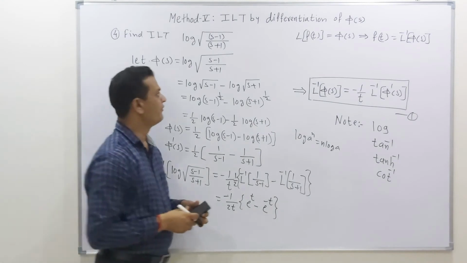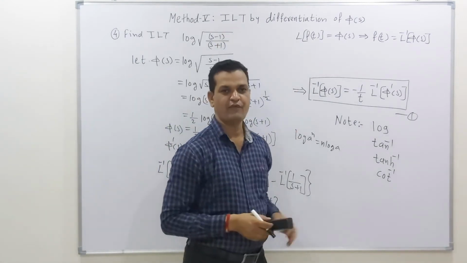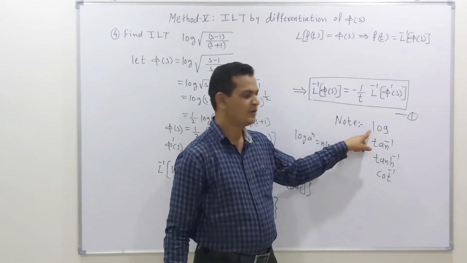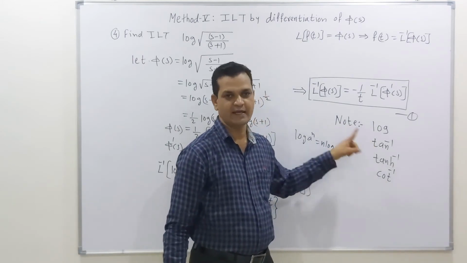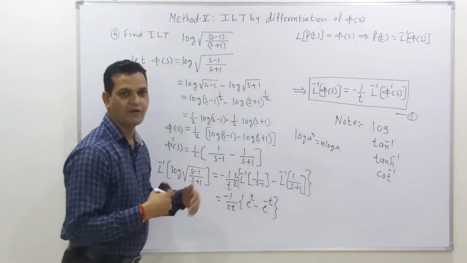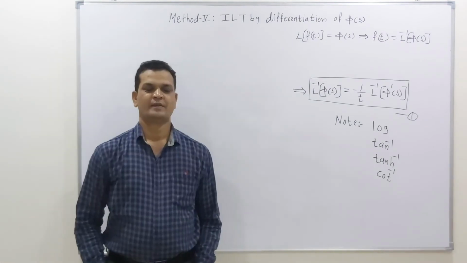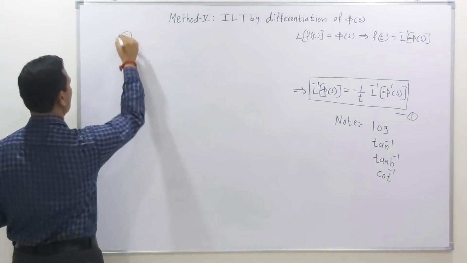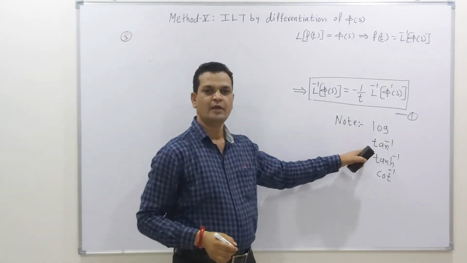So now here for learning the concept of differentiation of phi of s by inverse Laplace transformation, we solved the example based on log term. Now take the example based on tan inverse term, which is our fifth example. Now friends, take the fifth example based on tan inverse.